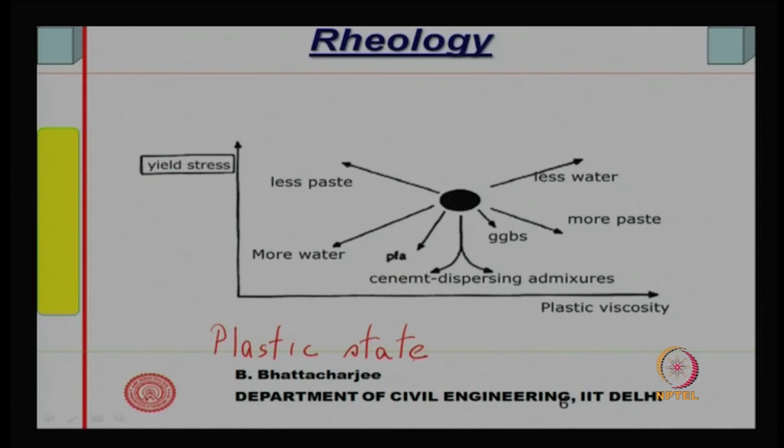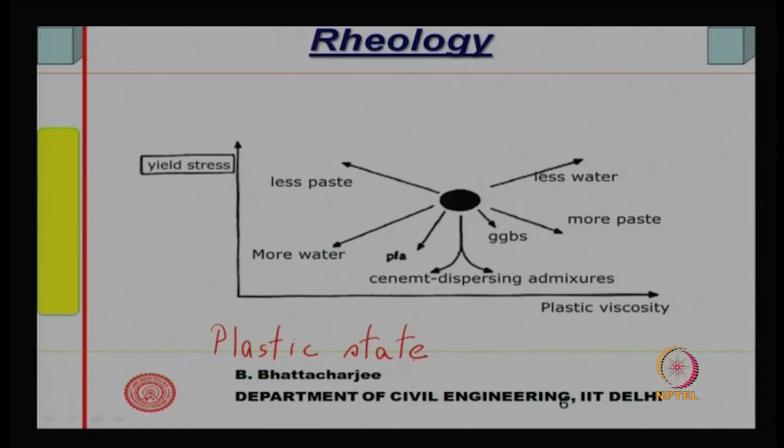Plastic is one which will not behave like liquid initially, but if you apply stress beyond a point, which is called yield shear stress, it will start behaving almost like liquid, that is, flow on its own.